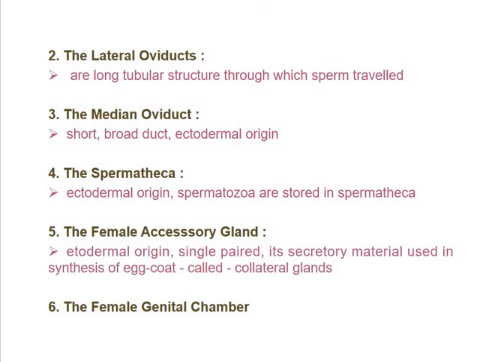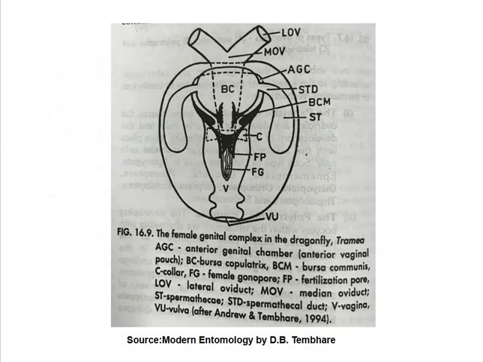Now, this is about the female accessory gland. The last part of the female reproductive system is the genital chamber or the bursa copulatrix. You can see it here in this diagram also. The female genital chamber is often called the vagina or the bursa copulatrix, the site of coitus and the site of fertilization.